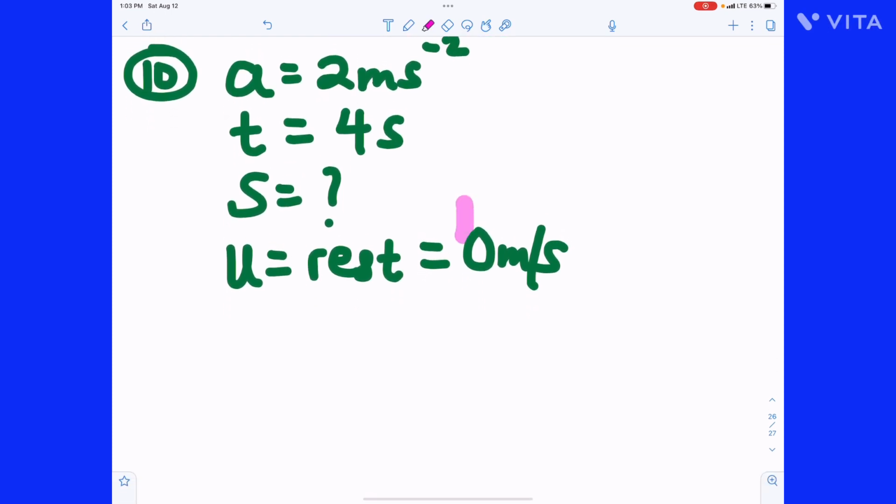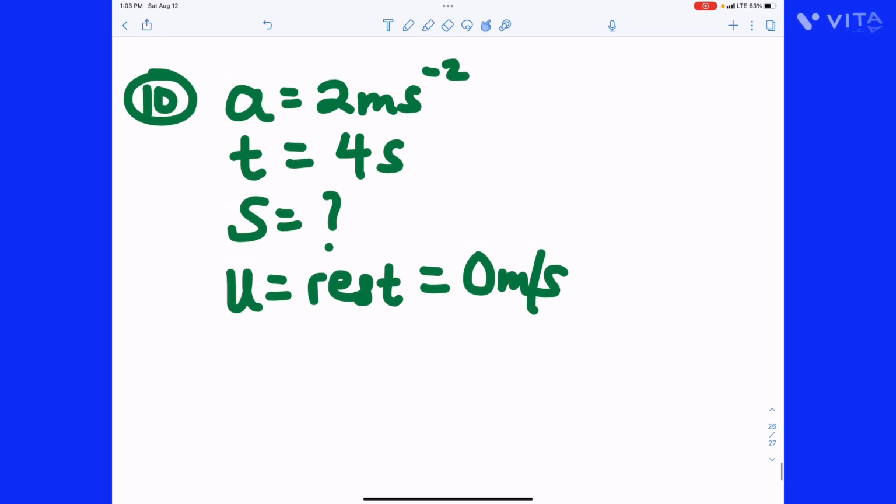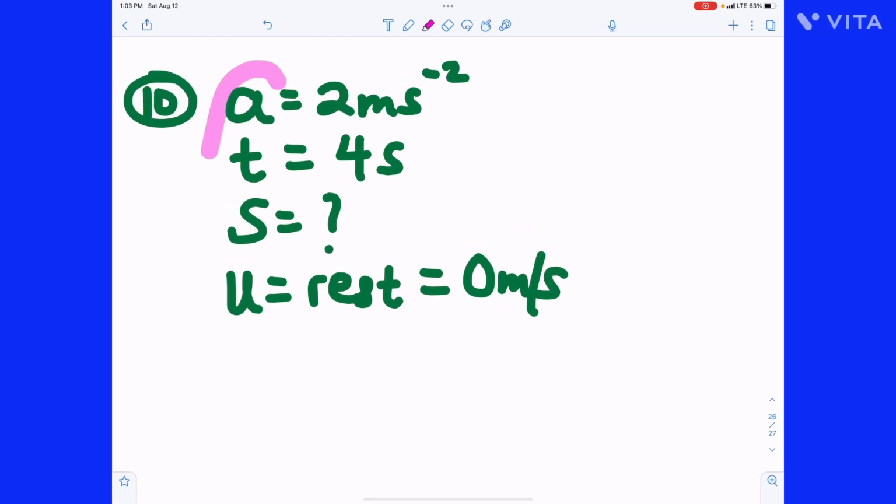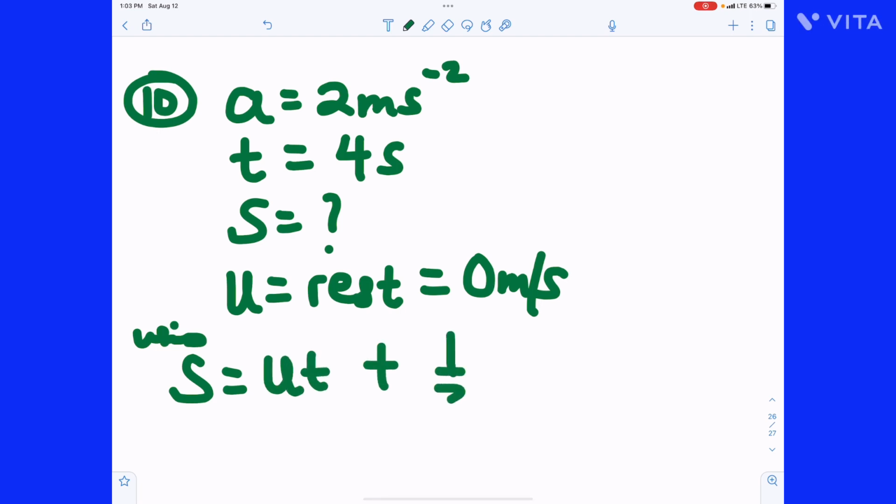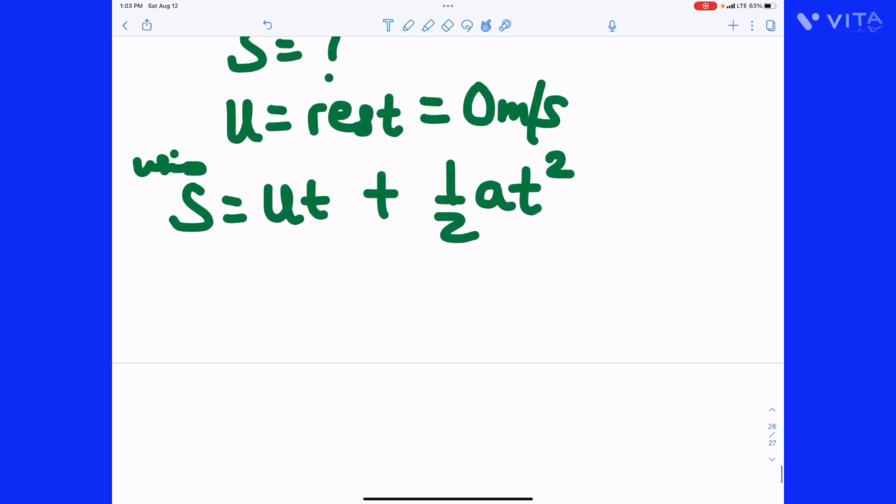First thing to check here, what formula connects A, S, U, and T? We have used it many times. The formula connecting them is S equals UT plus half AT squared. Now I'm looking for distance.